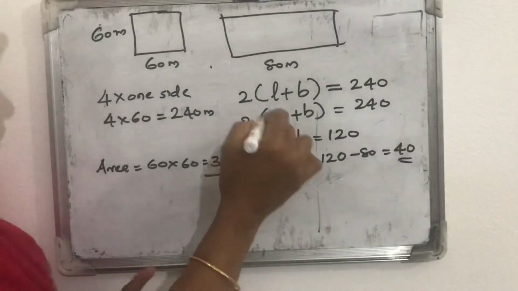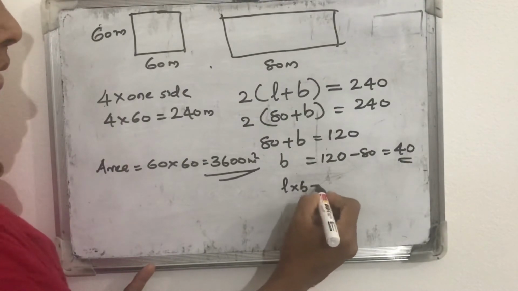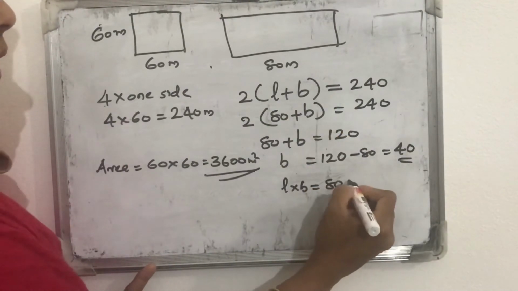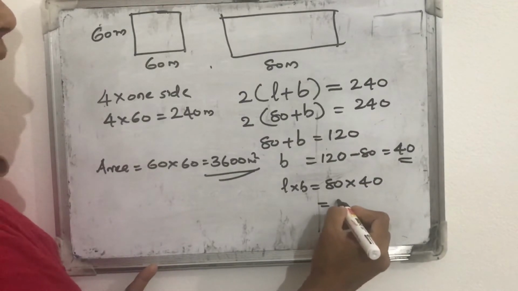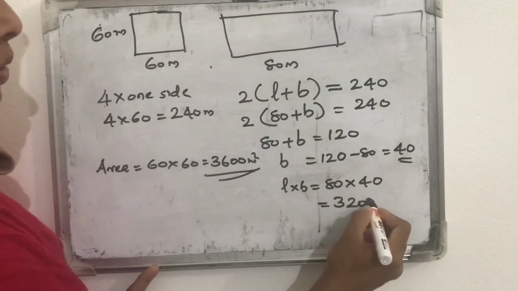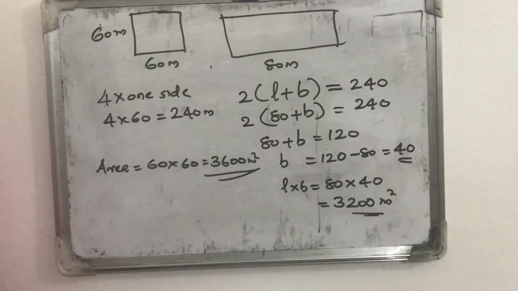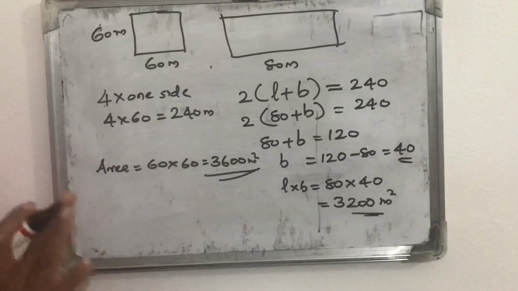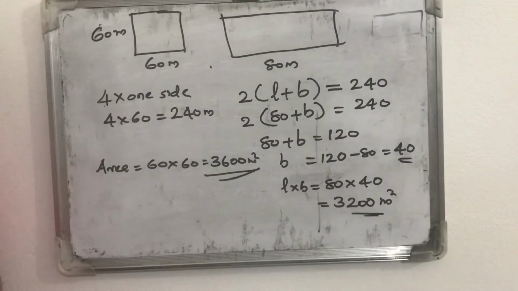Then what will be the area of the rectangle? Length into breadth, that is 80 into 40. Its area will be 3200 meter square. Now we can easily find out which has the larger area. The square has the larger area. That is how we can answer.